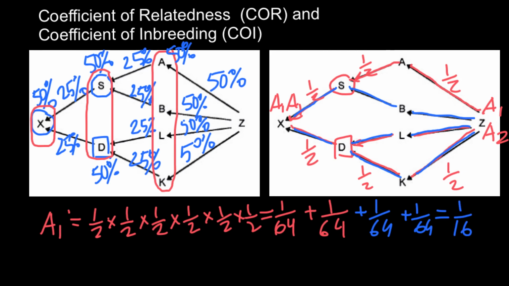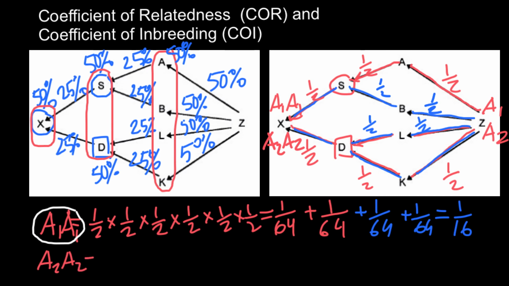So this is going to be the probability for the individual to be homozygous for the A1 allele, but as you see, this individual also can be homozygous for the A2 allele, so may have genotype A2A2, and also would be homozygous by descent due to inbreeding. Basically all the calculations are going to be the same, and the probability of him being A2A2 homozygous would also equal 1/16.